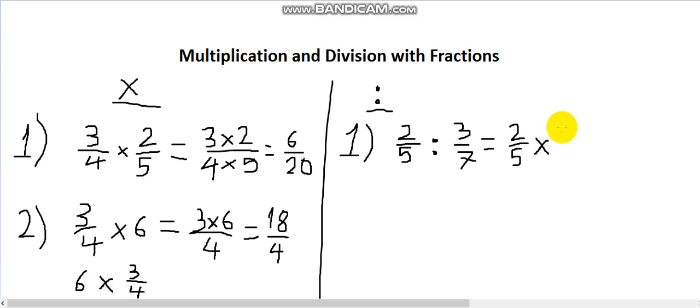So I put the denominator in the place of the numerator, so 7 comes on top, and the numerator in place of the denominator, so the 3 goes on the bottom. And then what I have is a case like this, where I'm multiplying two fractions. And I can do that, as shown before, by saying 2 times 7 makes 14, and on the bottom, 5 times 3 makes 15.